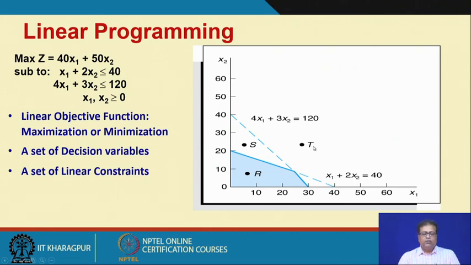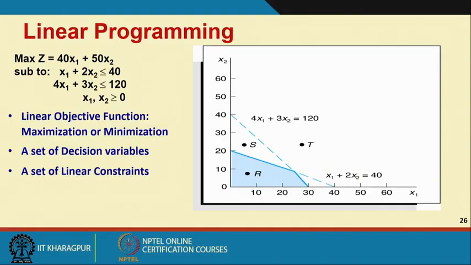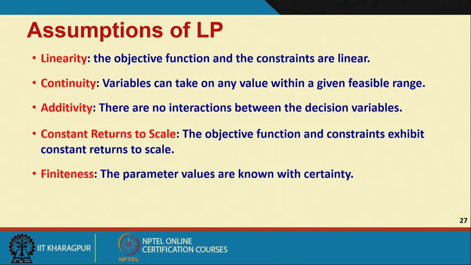Then what we do is find the objective function value at these 4 points, and the point that returns the highest possible value is our optimal solution. Is it all right? So, that is how we can solve such linear programming problems graphically. But then understanding of linear programming problems requires understanding of the assumptions.